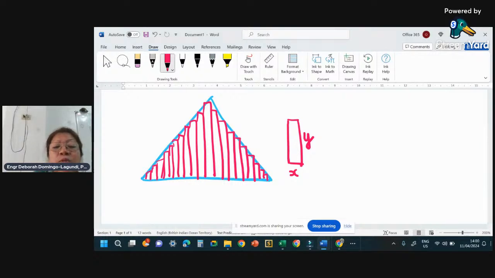But y is variable as you can see because it goes up until it gets its peak and then it goes down. Y here is varying, while x could be a constant measurement.